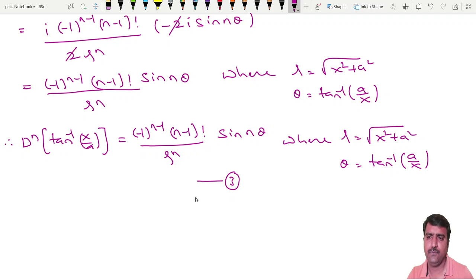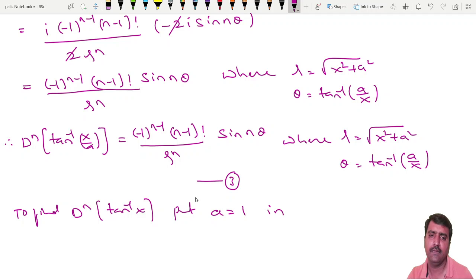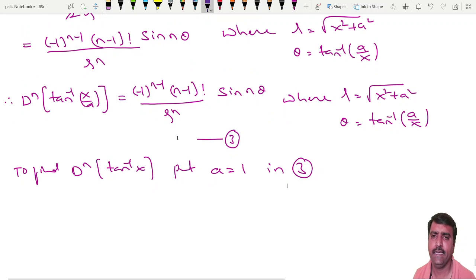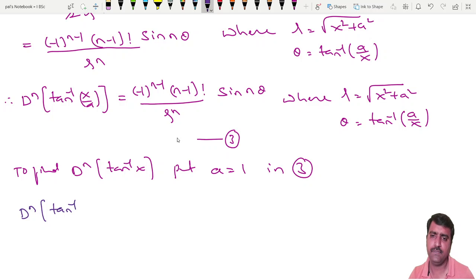So to find the nth differentiation of tan inverse of x, put a is equal to 1 in result 3. If you put a is 1, that is the nth differentiation of tan inverse of x by 1, which is x.